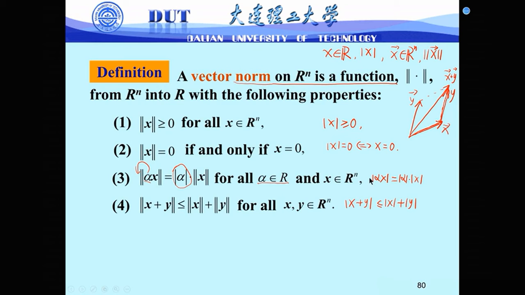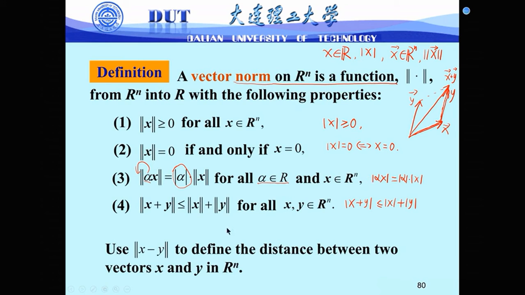It's okay? And then we can use the norm of x minus y to define the distance between two vectors x and y in Rn, the n-dimensional space. Now you see, here is the original point. This vector is denoted by x, and this vector is y.